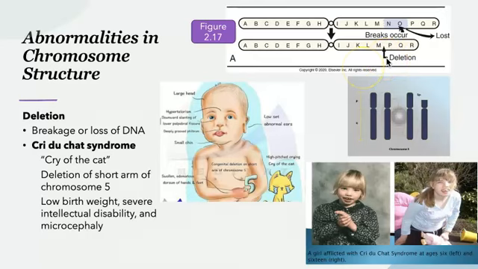The most common example of this is a disease known as Cri-du-chat syndrome. This is a French pronunciation, and it literally means cry of the cat, and it describes the characteristic cry of an affected child. So they have a deletion of the short arm of chromosome 5.